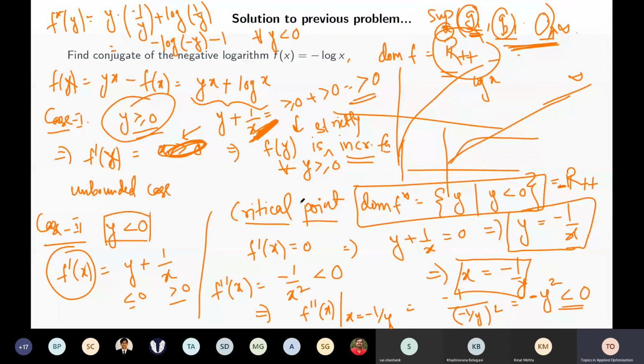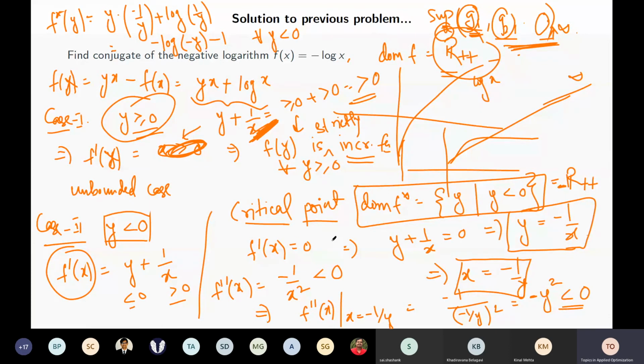If y is less than 0, then it does hit some maxima. In this case we cannot really say for sure that it's unbounded, because of this condition here, that it's not monotonically increasing or decreasing.